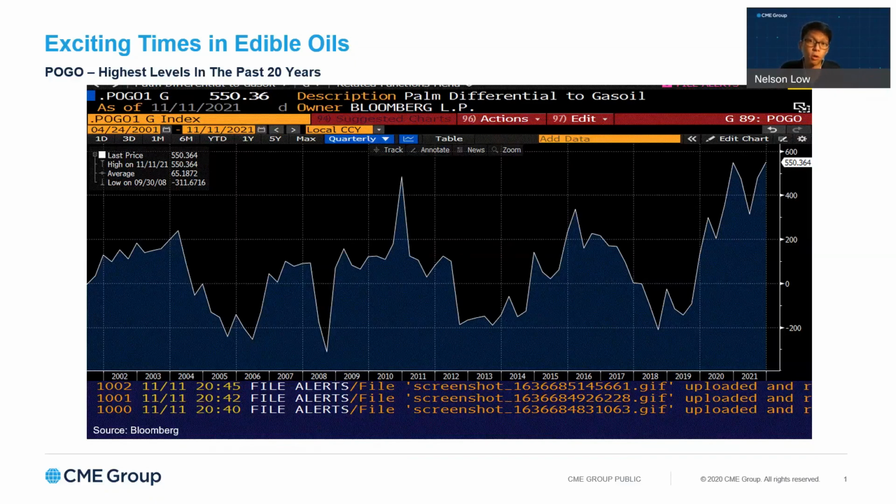So people do look at this spread trade because these are what you would consider competing usages of palm oil. And you see that while that spread has moved around quite a bit, it currently is at the highest level in the past 20 years. So there's a lot of attention being looked at it. The obvious logic is that amongst many different things, obviously the situation in palm oil today is extremely tight. And that's the reason why the POGO spread is as high as it is.